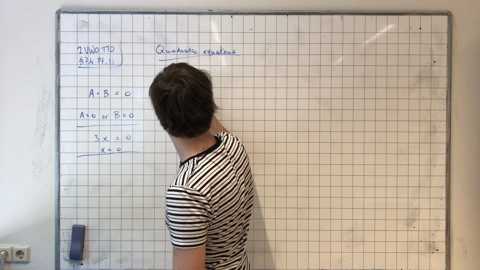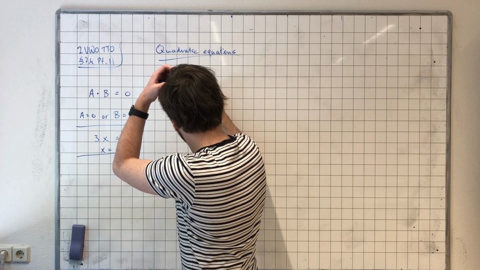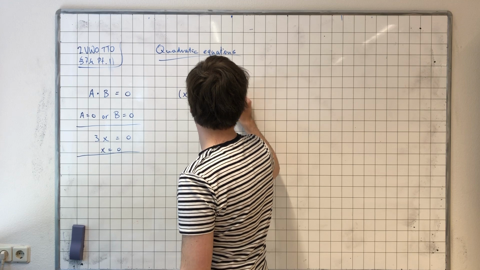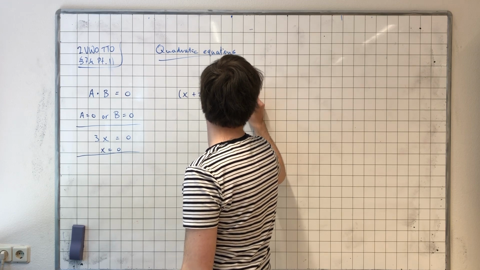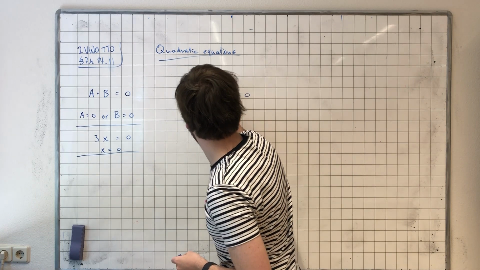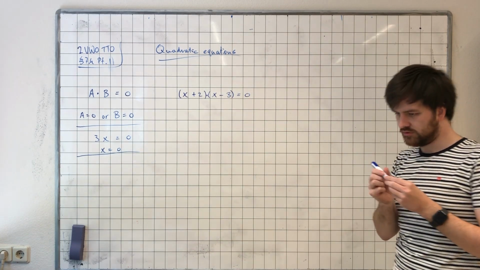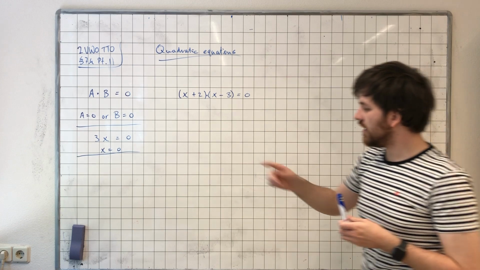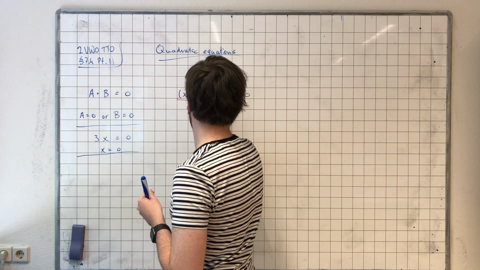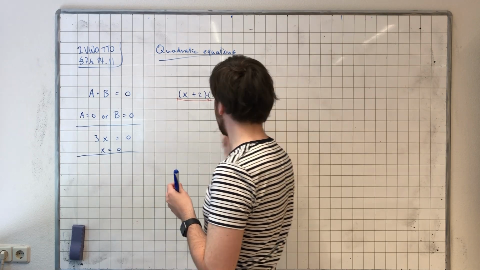Imagine we have x plus 2 and x minus 3. Remember, in this form, in between these brackets, there's actually a times sign. So x plus 2 times x minus 3.